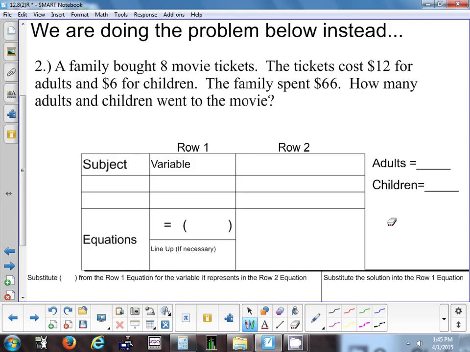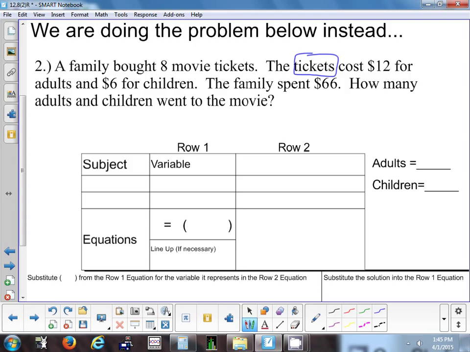So, 2 subjects, 2 things that we need to find. Tyler, what do you think one of those things are? Obviously, we're trying to find the price of what? Tickets. But just like in the last one, it was acid solution, there were particular kinds.